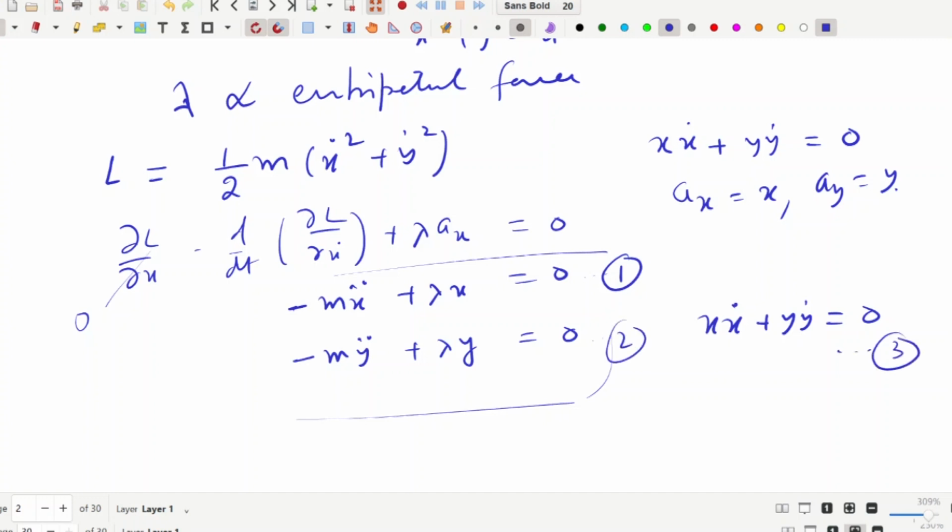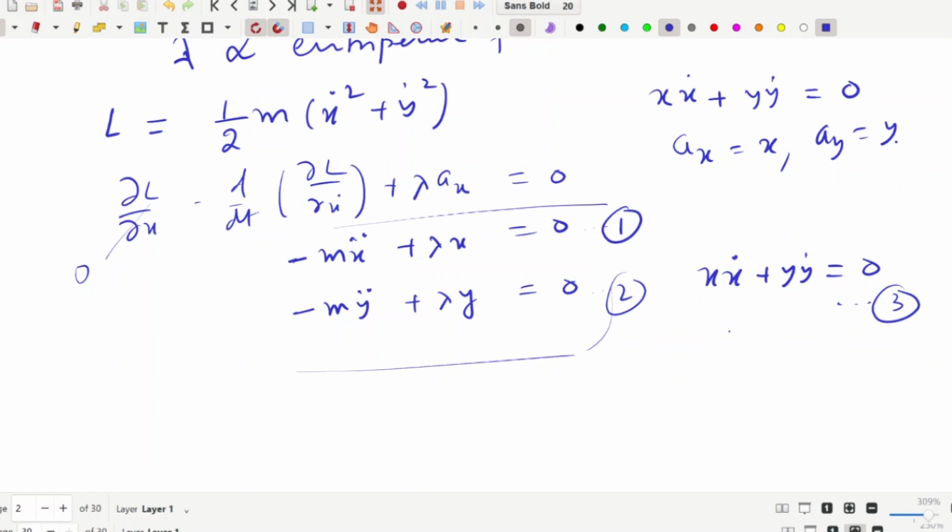Let us recall that this is equation 1, this equation 2, and this equation 3. If we differentiate equation 3, you will get x ẍ + y ÿ + ẋ² + ẏ² = 0. That means x ẍ + y ÿ = −v², because ẋ² + ẏ² is v², velocity squared.